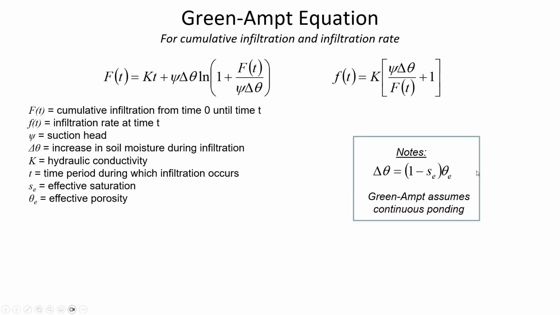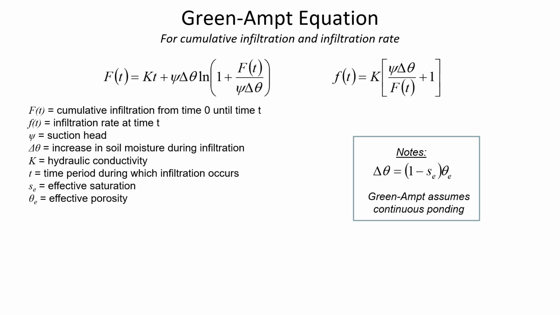Okay, one of the things to point out is that the delta theta, the way that we estimate how much extra moisture there is, we're just saying that it's the effective saturation, because some of the voids aren't interconnected. And so not all of the voids in soil are actually useful for transmitting water. Some of the voids may be completely isolated and there's no channel in or out of the void.